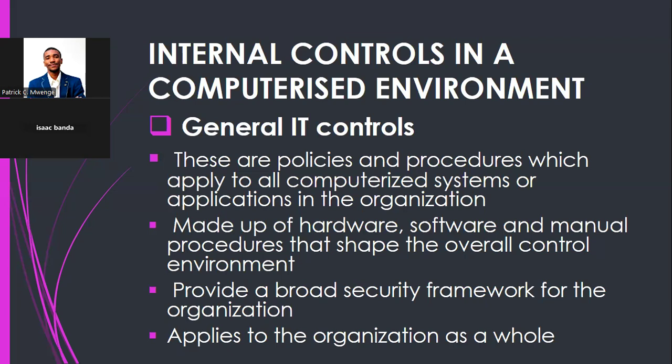So there are internal controls in a computerized environment. This is also something that's not as important, because I haven't really seen a lot of questions in relation to this, but it's something that you need to know. There are what we call general IT controls, and then application controls. General IT controls are policies and procedures which apply to all computerized systems or applications in the organization. They encompass all the IT systems in the particular company, right?